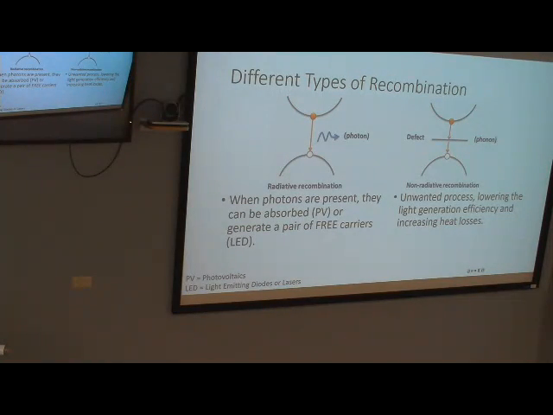The one that emits light will have a very high oscillator strength because the probability is very high that it will transition from the excited state down. If you have a defect state, typically those are localized states, so the overlap is relatively small, which means the oscillator strength is low, meaning the probability is very low, so it's not really emitting light.